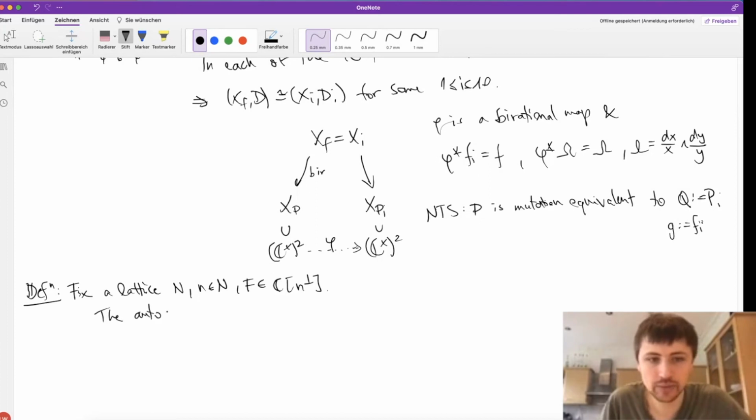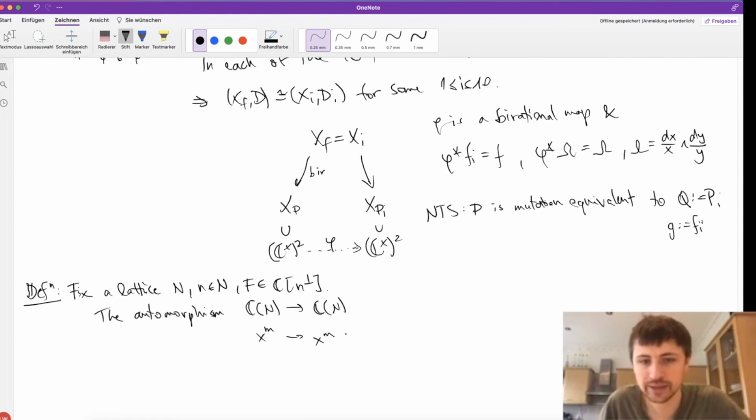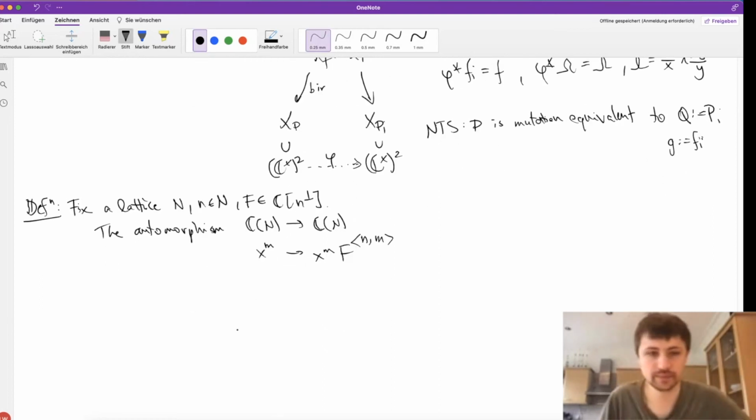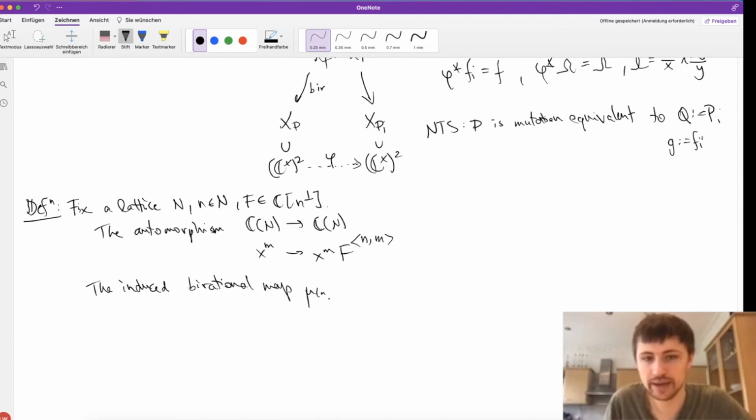And consider the automorphism from the function field to the function field that sends a monomial x^m to x^m times f to the power of the inner product of n with m. So the induced birational map mu_{n,f} from the torus of N to the torus of N is called an algebraic mutation.